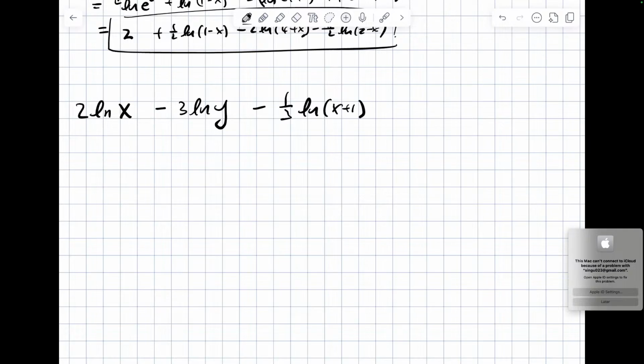So how do I make it into one log? Let's say 1/3, or 1 over 3.